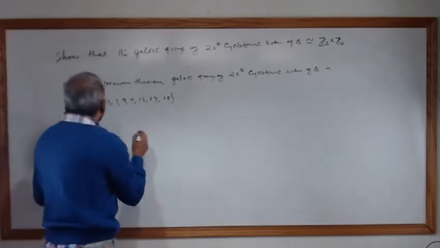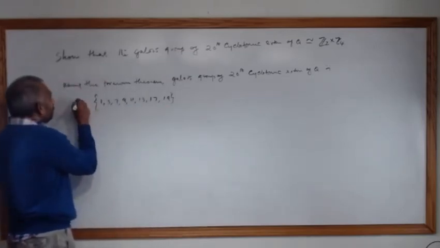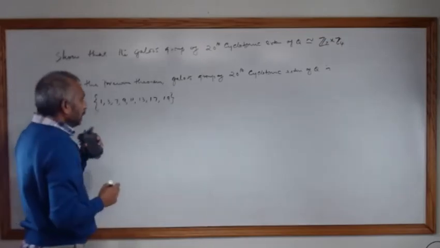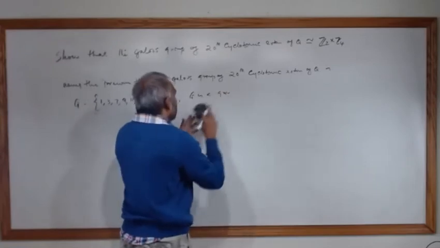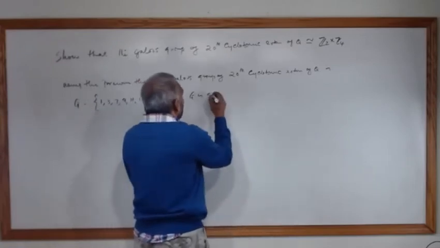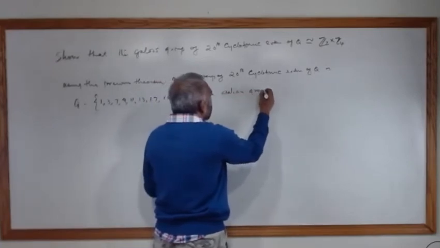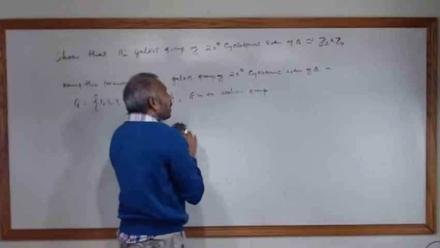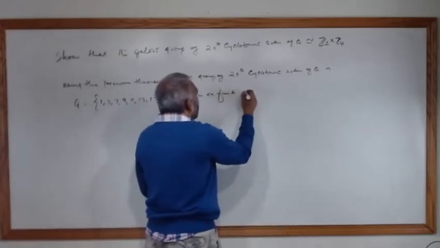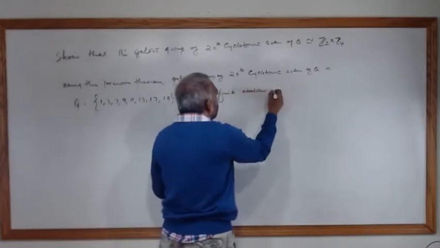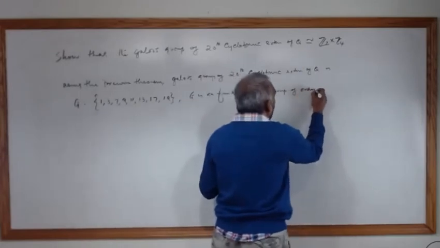Okay. So let's say G is equal to this. So G is a group, actually an abelian group, or you can say a finite abelian group of order 8.